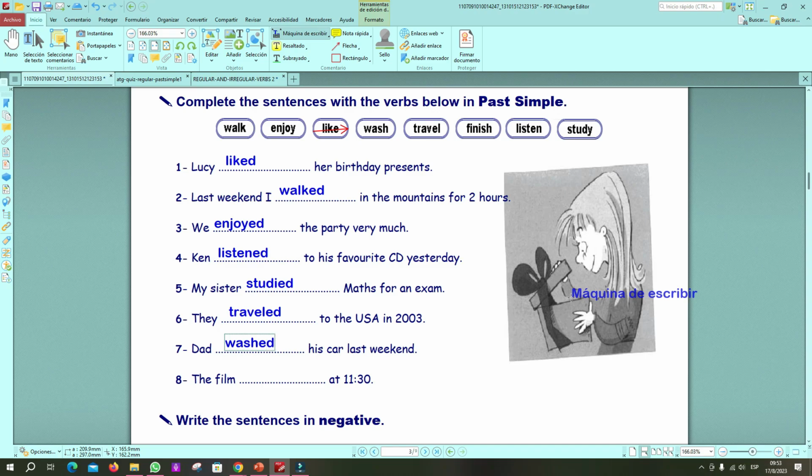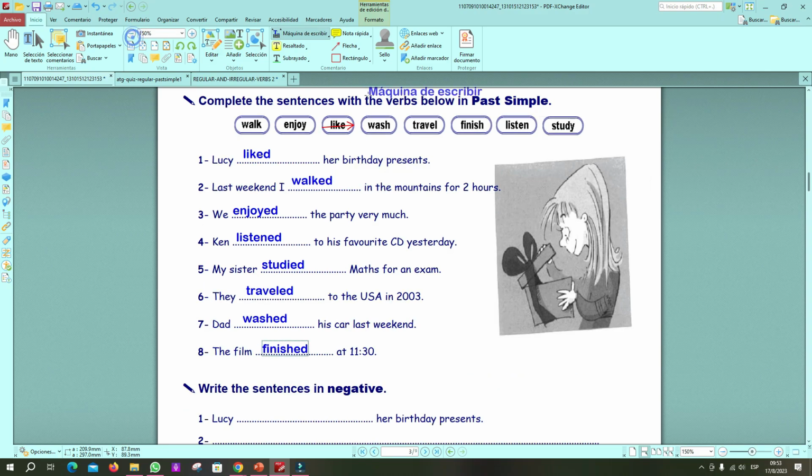Washed, yes. Washed his car last weekend. And last one, the film at 11:30. Finished, yes. Finished. Good. At 11:30. That's amazing.